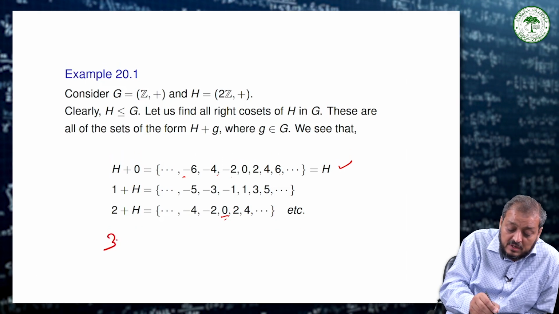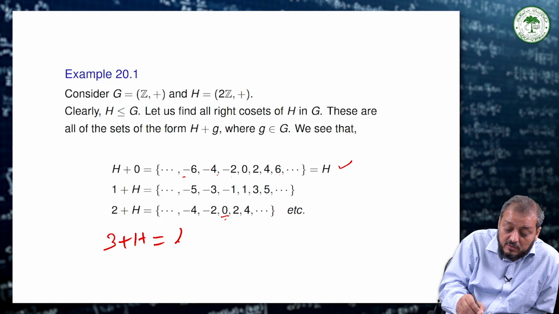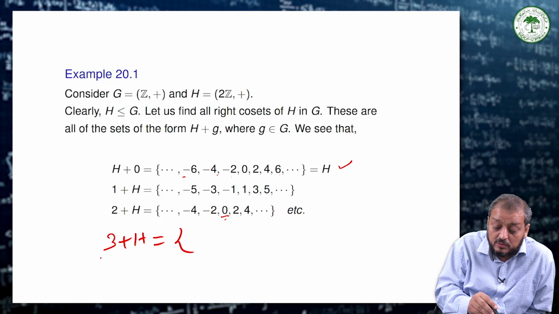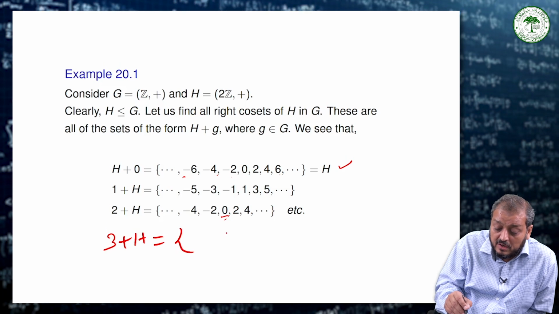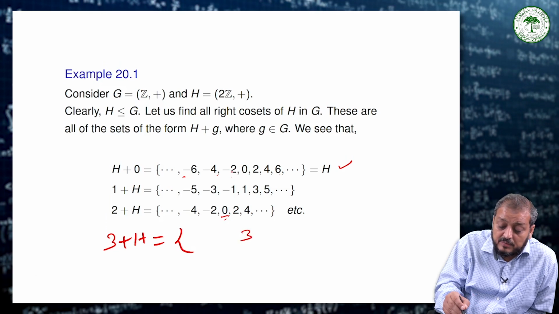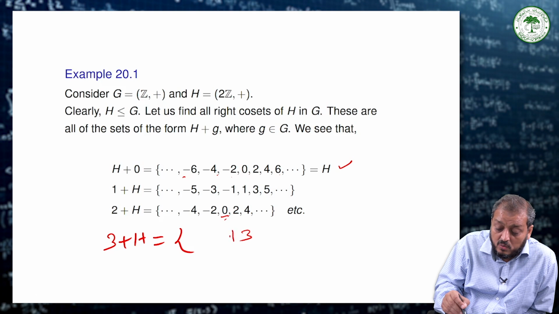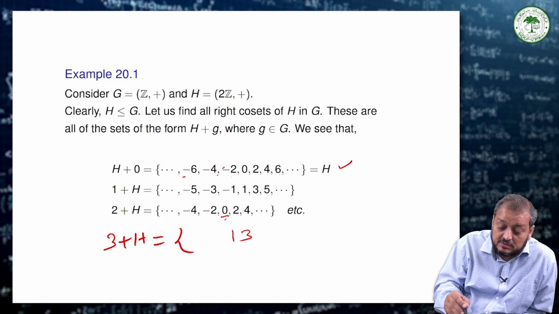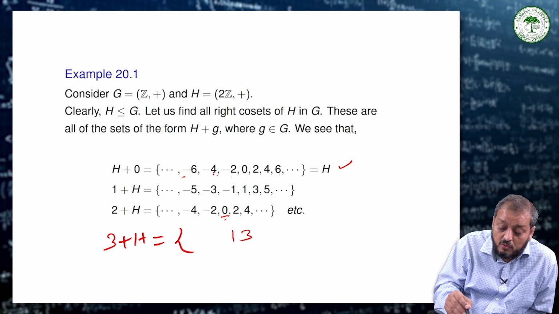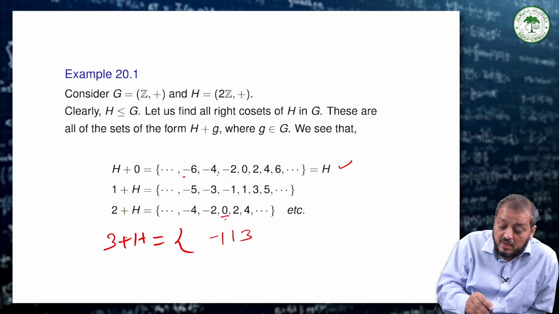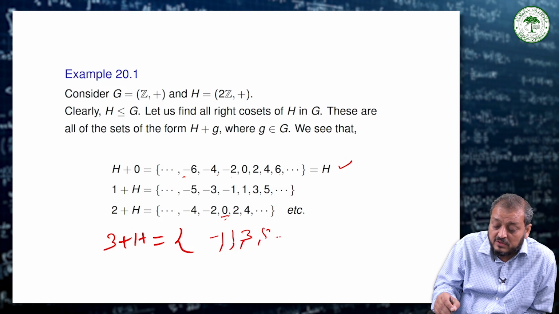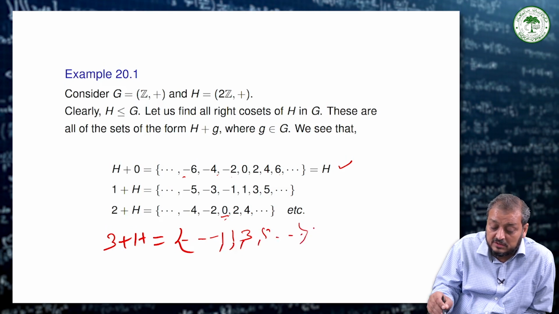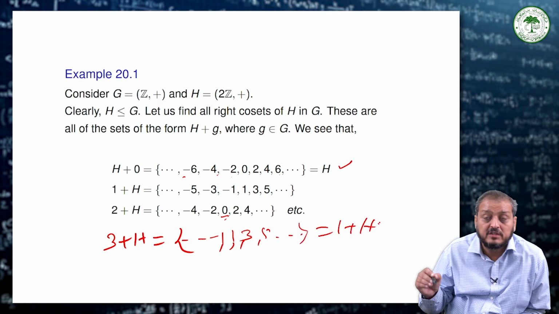Suppose we have to write 3 plus H in the form of this, then you have to write 3 plus 0 is equal to 3, 3 plus minus 2 is equal to 1, and 3 plus minus 4 is equal to minus 1, and then 3 plus 2 is equal to 5, and you can see this is the same as the 1 plus H form.